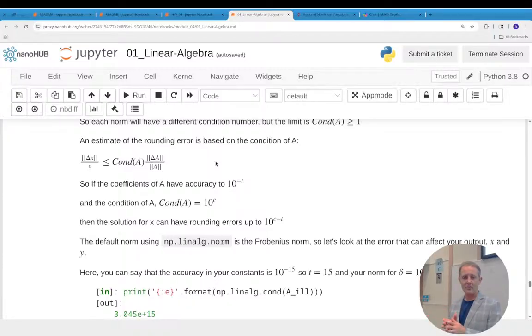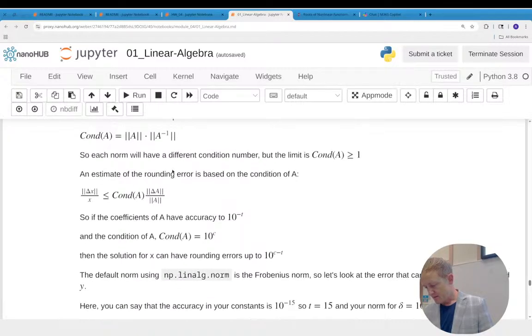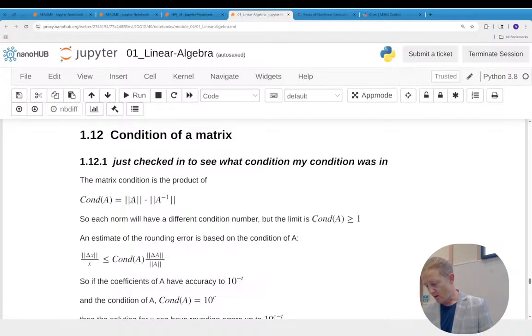If you think about it, if we only had a 1-by-1 matrix, like if we say 2x equals 8, then our matrix A is just the number 2.